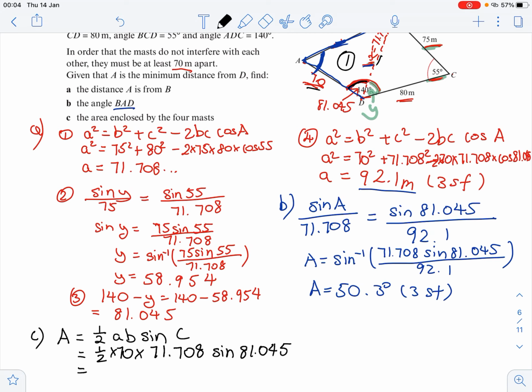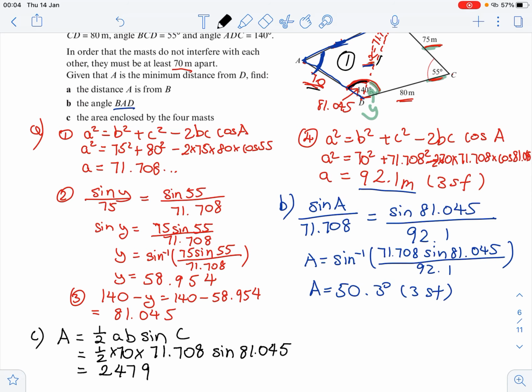Type the solution into your calculator. You should get the area is 2,479.